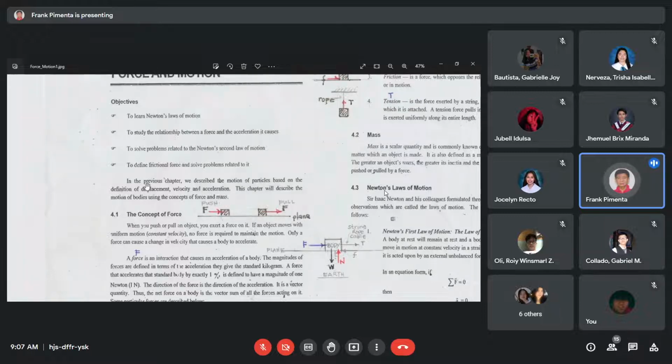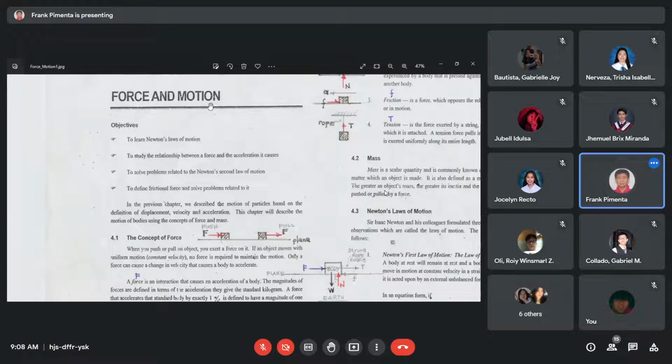You understand the concept of these vector quantities, displacement, velocity, and acceleration. Now, we have also defined motion earlier as change of position.